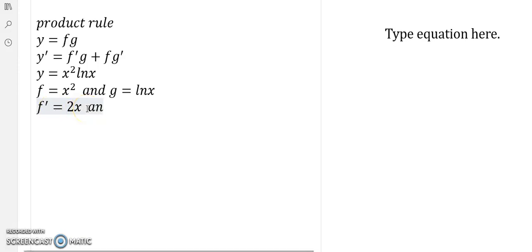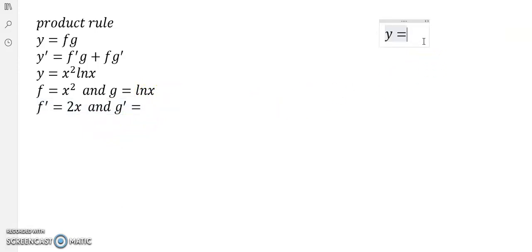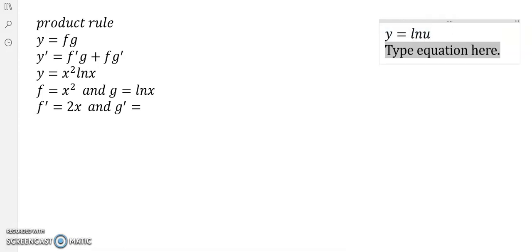and the derivative of g will be, okay guys, the derivative of ln is, y equal to ln u. Then to differentiate this one, we're going to do it like this. y prime equal to u prime, the derivative of u, divided by u.